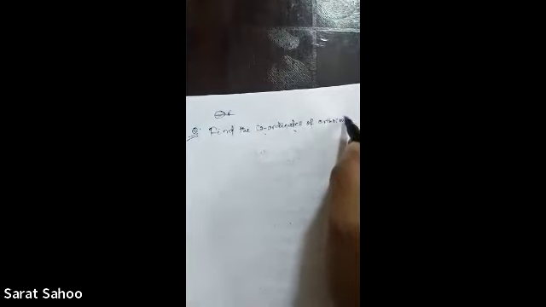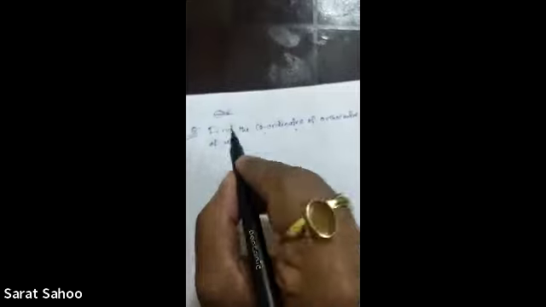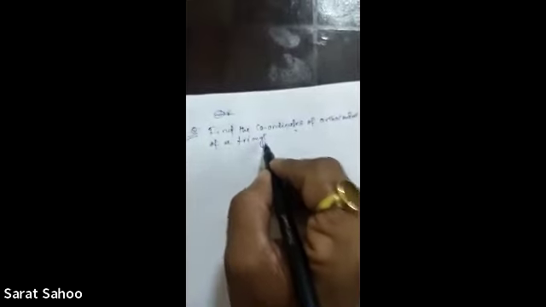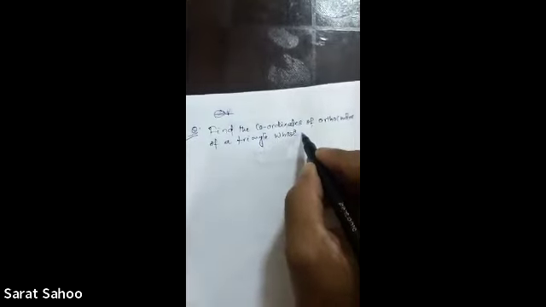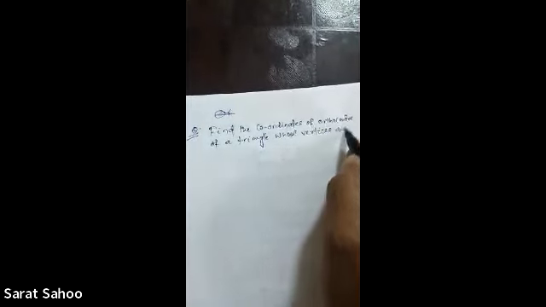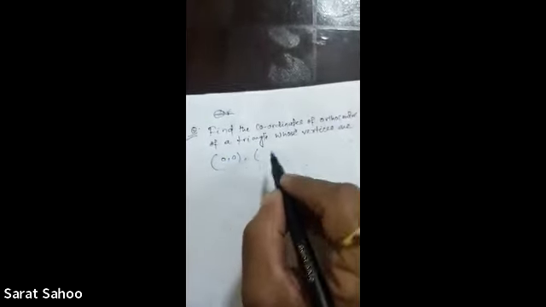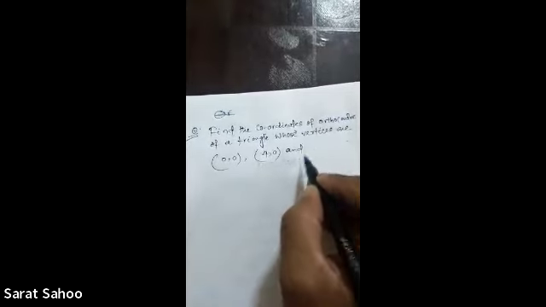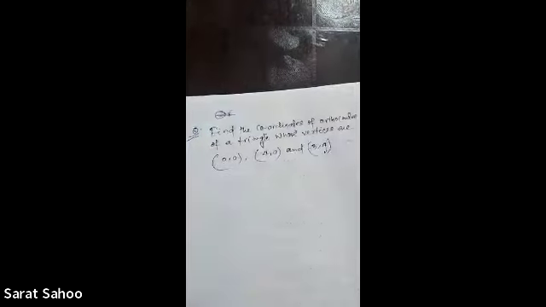Question: find the coordinates of orthocenter of a triangle whose vertices are 0, 0, 4, 0, and 3, 4.